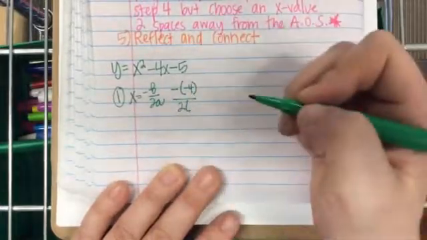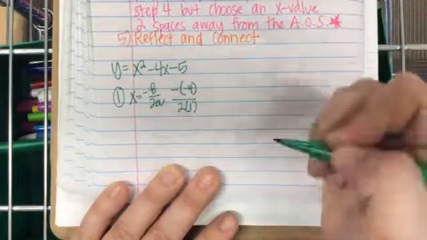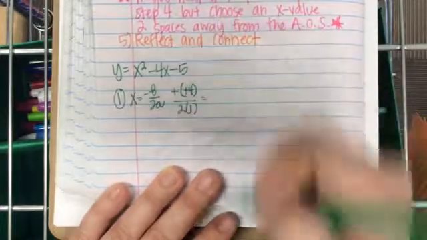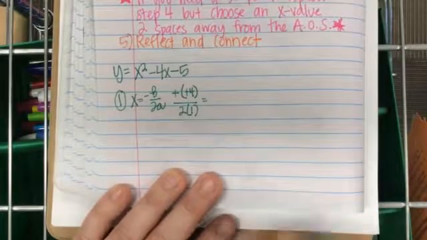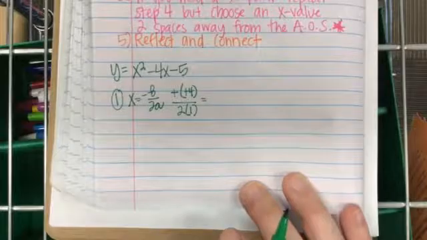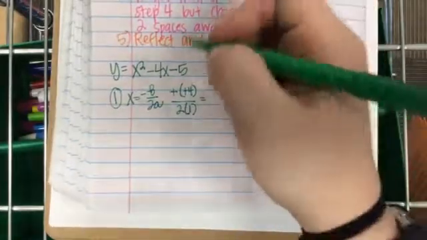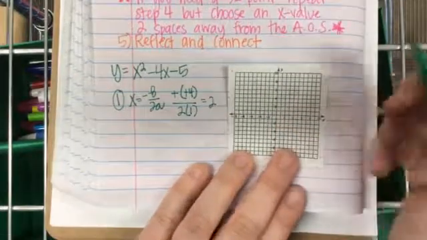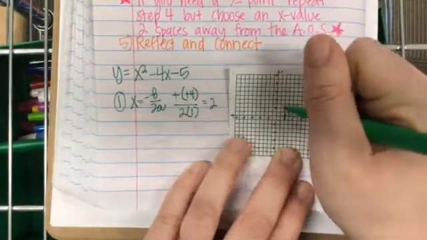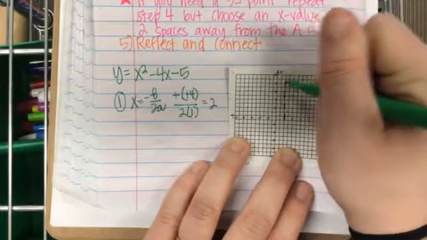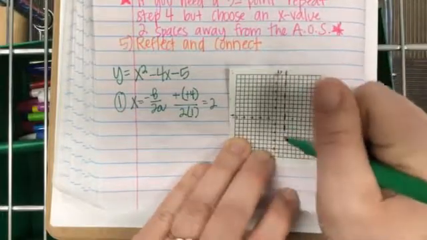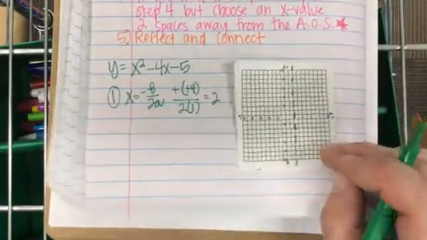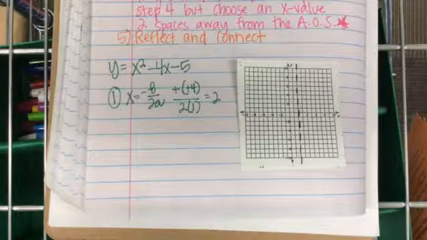What's my a value? 1. Negative 4 is 4, divided by 2 is 2. So that's my axis of symmetry. Yeah? So far, so good?